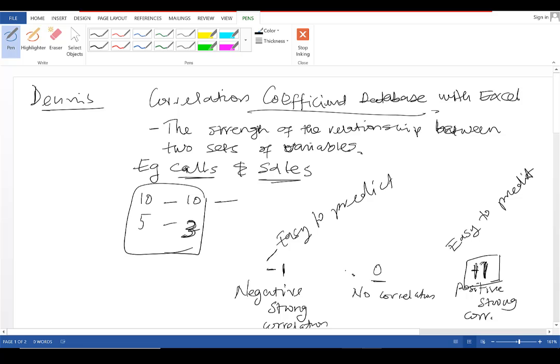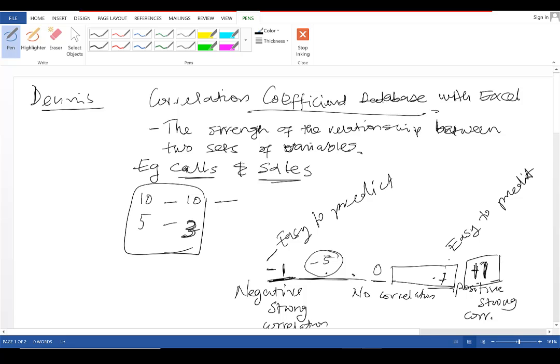And if we get in between here, let's say -0.5, that is the average between 0 and -1. It's not easy to predict if we don't have the strongest negative. And also if we get in between here, let's say 0.7, it is also not easy to predict.